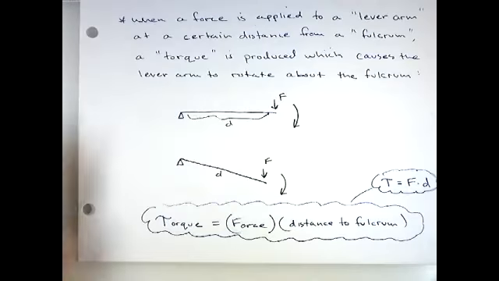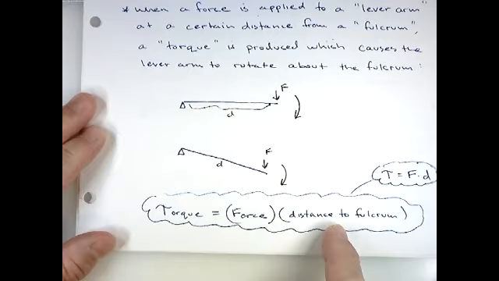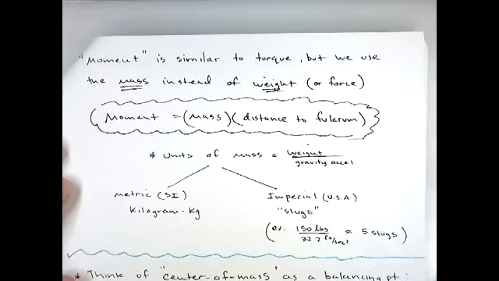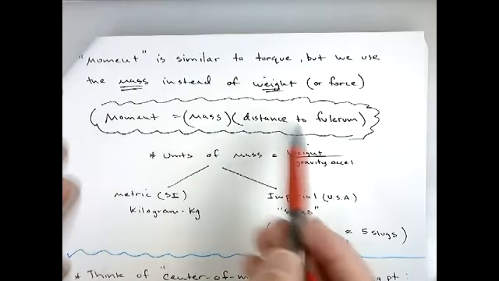Now, torque is the product of force times the distance to the fulcrum. We're going to talk a lot about moment, and moment is based on that very same idea. But moment is the product of mass times distance to the fulcrum.